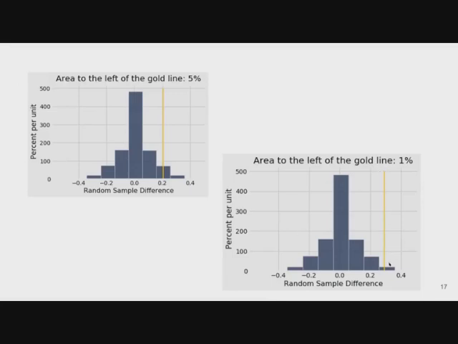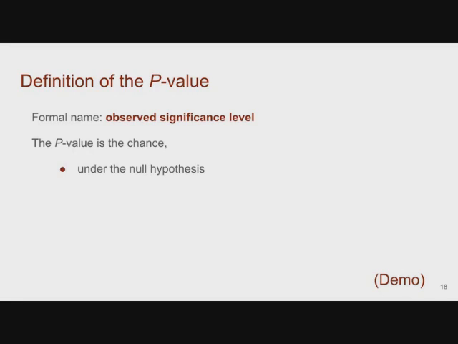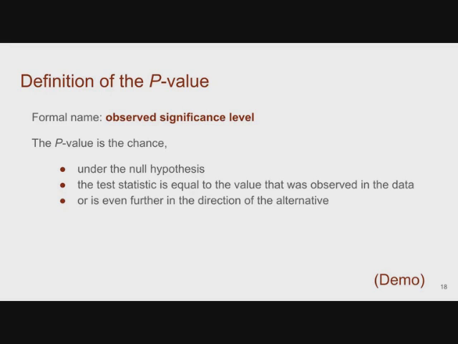Okay. And so we can use this now to have a formal definition of our p-value. What we colloquially call the p-value has the formal name observed significance level. So what does that mean? Putting it precisely, the p-value is the chance, under the null hypothesis, that the test statistic is equal to the value that was observed in the data, or is even further in the direction of the alternative.